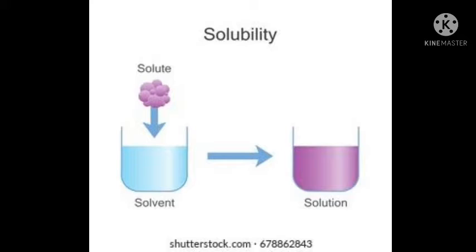With this diagram, I'm going to give a brief explanation. You can see above a solute being put inside a solvent, which is a liquid, giving a result which is known as the solution. So this process is known as solubility.